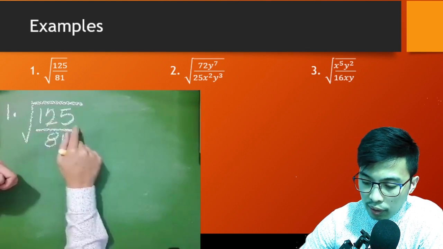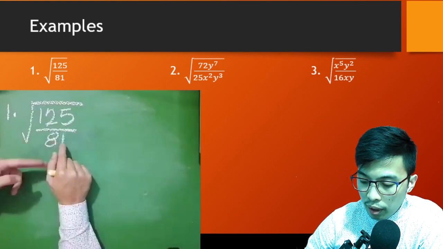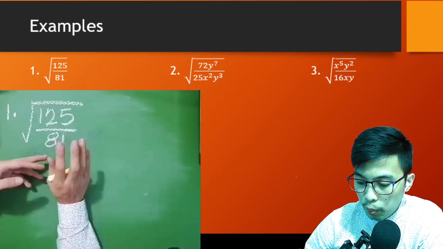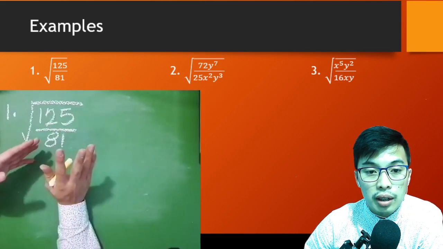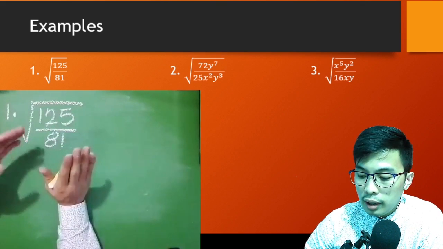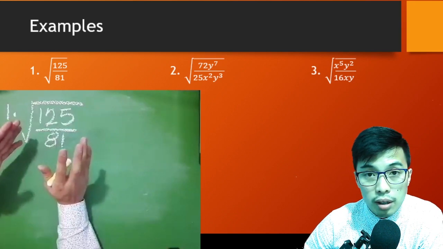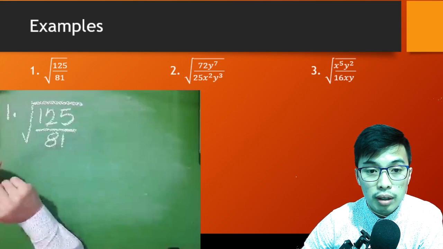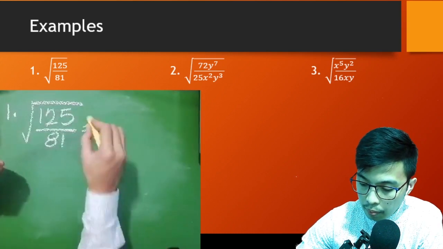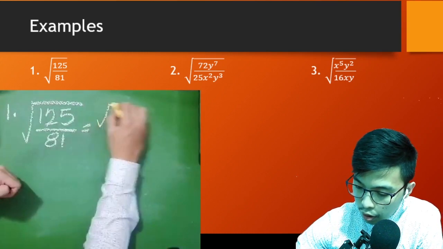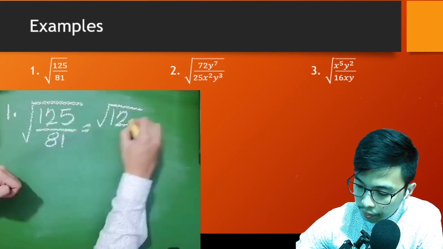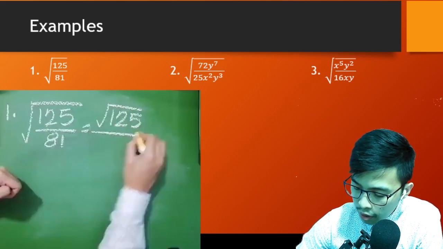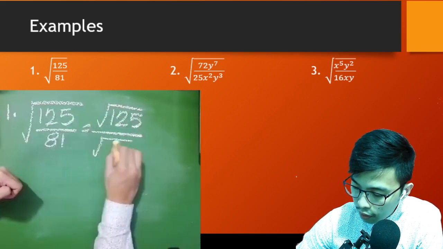Is 125 over 81 already in simplified form, or can we still simplify it? I guess this is it. Pwede na to. So, we break down, which is square root of 125 over square root of 81.